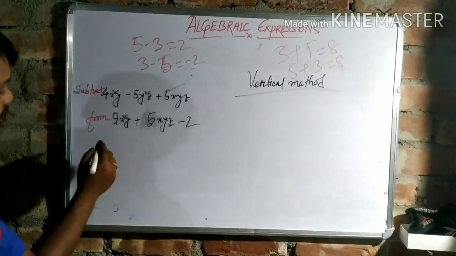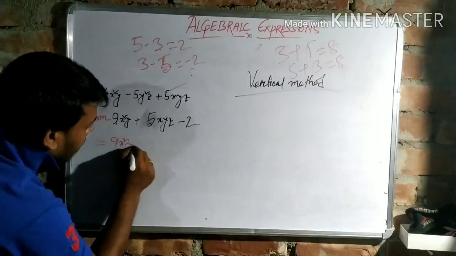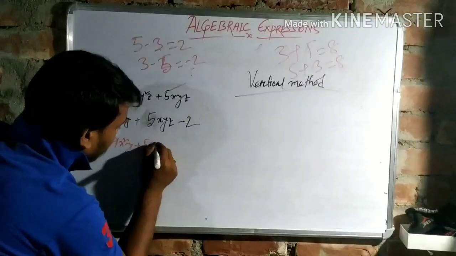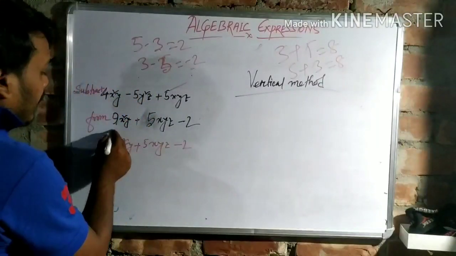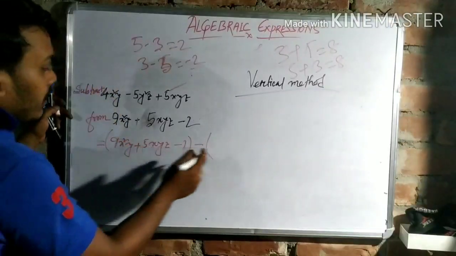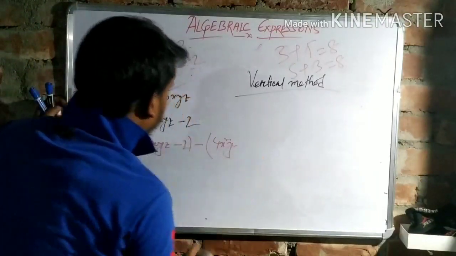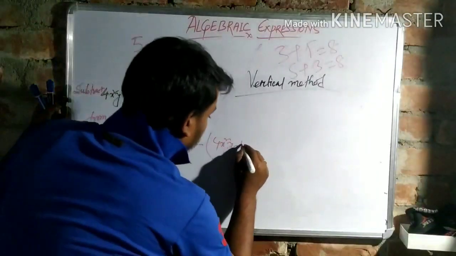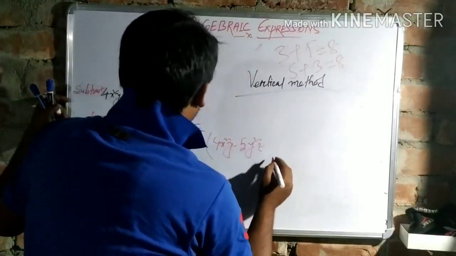In horizontal method, 9x square y plus 5xyz minus 2. In case of minus, we must write the bracket, otherwise the chances of your wrong answer are more.